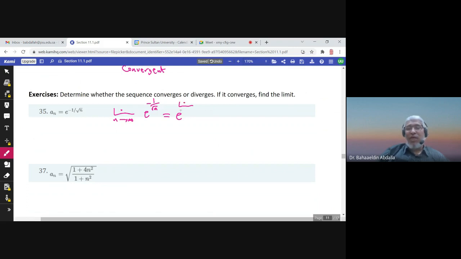So it would be e to the limit when n approaches infinity of negative 1 over square root of n. But for the limit of negative 1 over square root of n, when you replace n by infinity, square root of infinity is infinity, negative 1 over infinity is 0. So it is e to the power 0, or 1. So this is the limit, and the sequence is convergent.